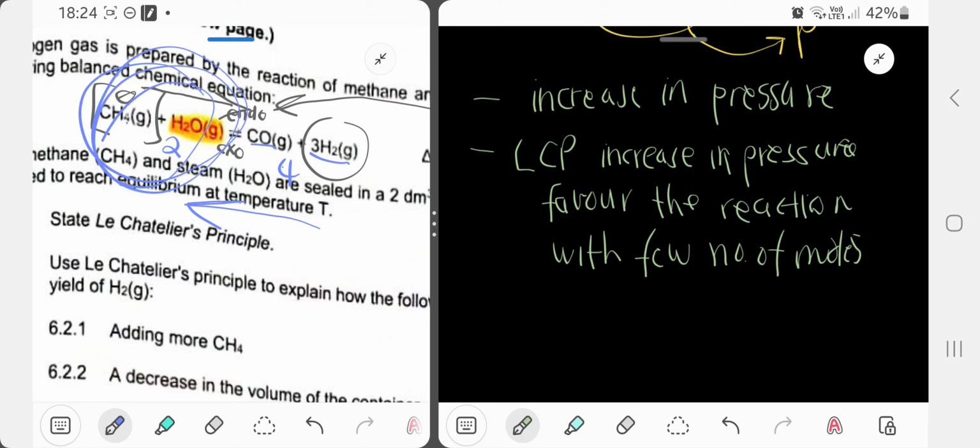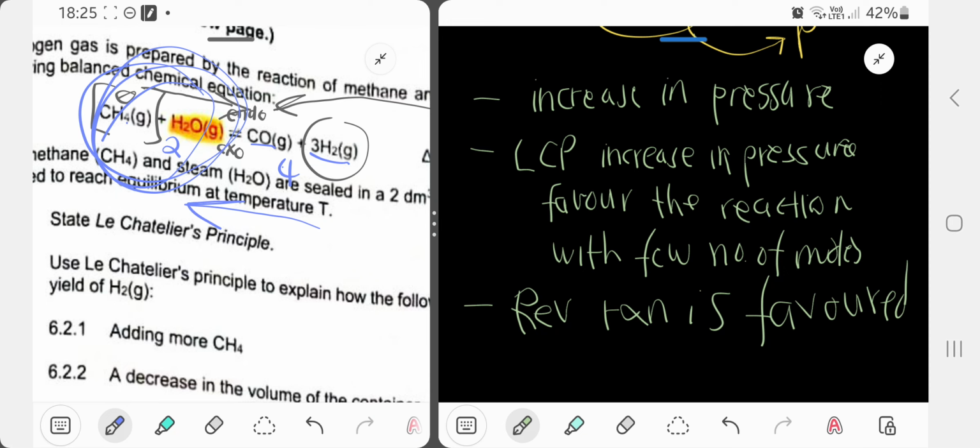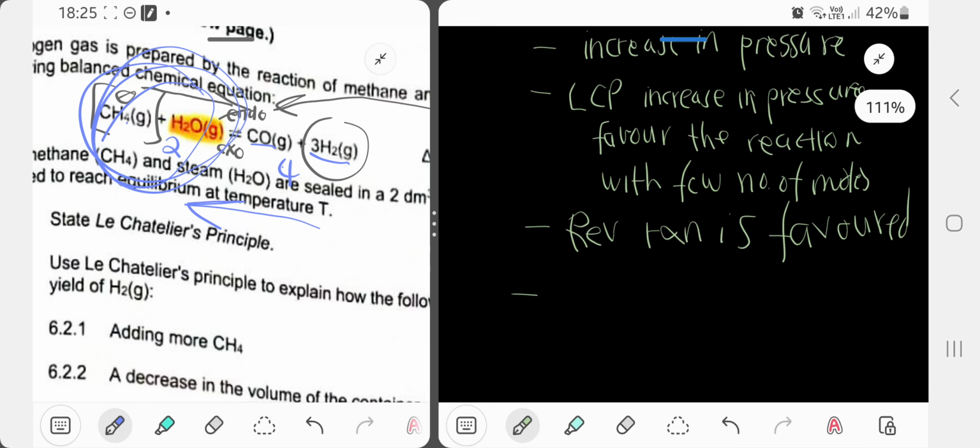So these guys will be favored. So more of them will be produced. So what this means is that the reverse reaction is favored. Now when the reverse reaction is favored, what does that mean for the yield of H2, since that's the question? If we are producing more reactants, it means this guy is also going to be used up, because he is a product.